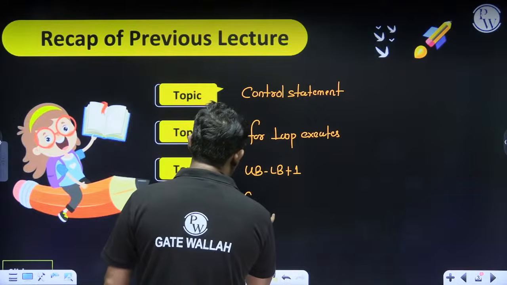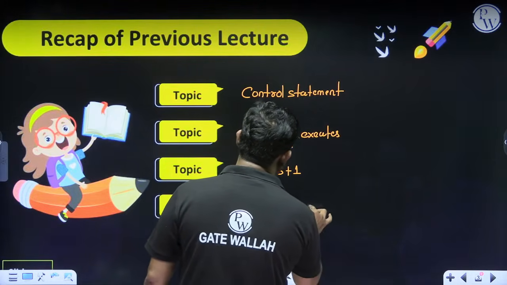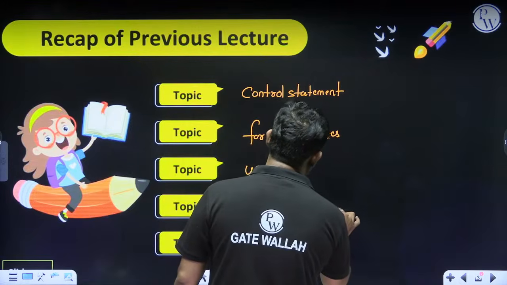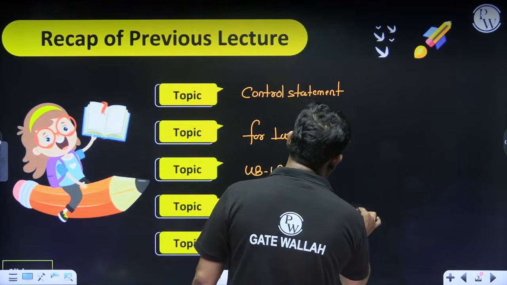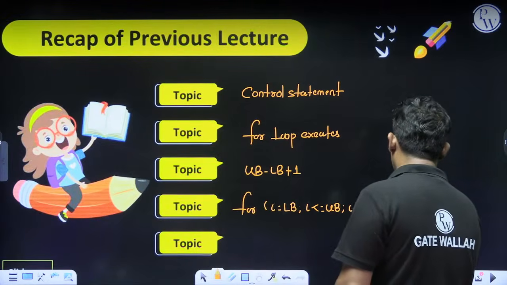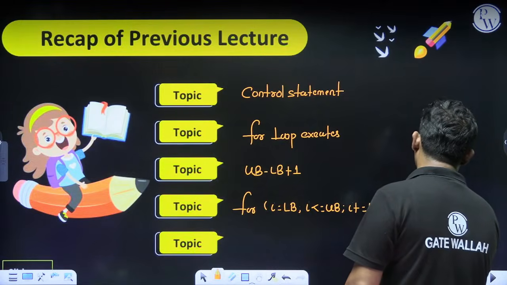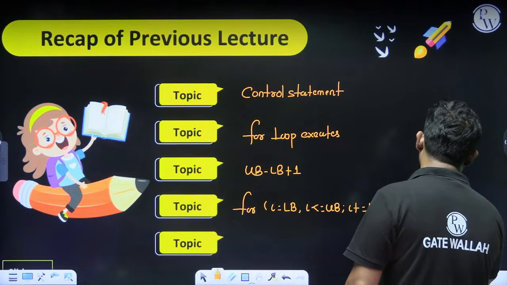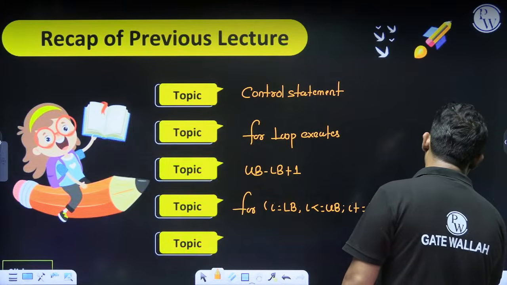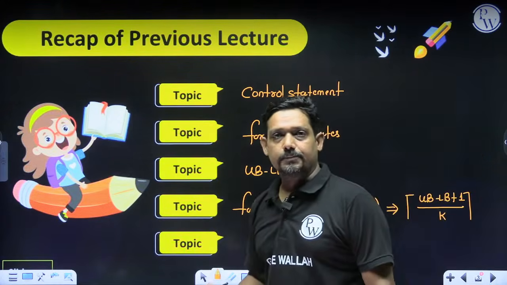If the for loop is something like this, i equal to lb, i less than or equal to ub, and i plus equal to k, then we have also done the formulation for this as the ceiling value of (ub minus lb plus 1) divided by k. Okay, so this we have already seen.